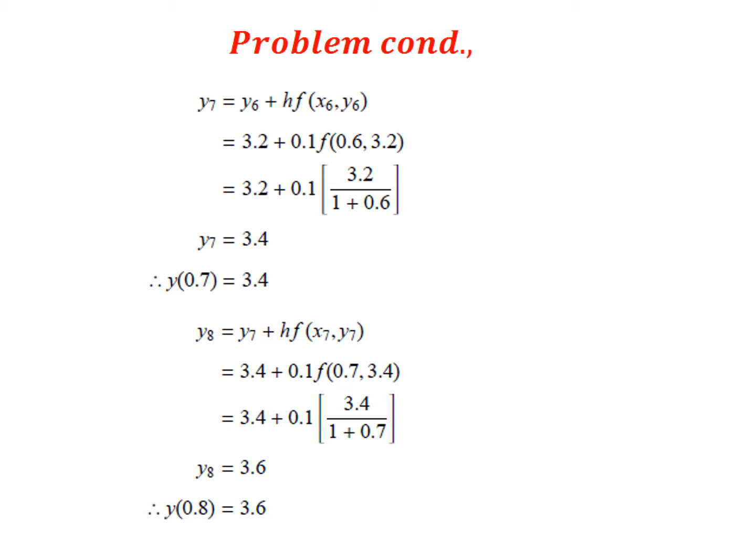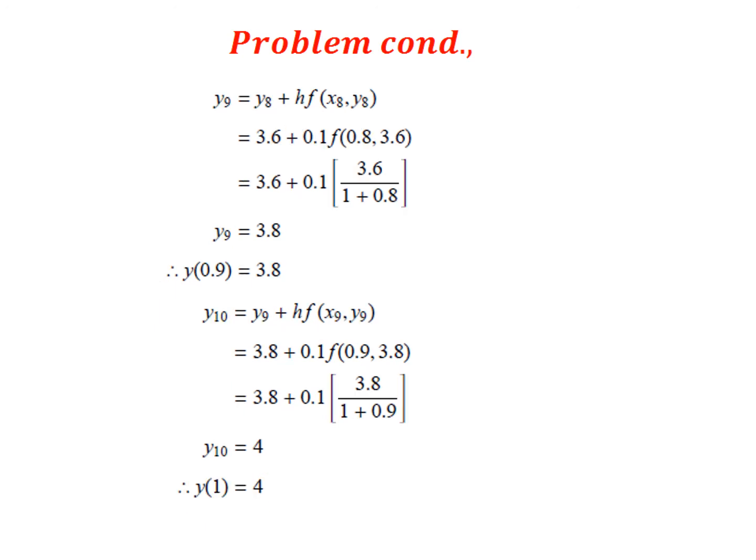Let us move on to the next one, y8. Y8 is y7 plus h into f of x7 comma y7. Here x7 is 0.7 and y7 is 3.4. From this I will get it from the given f of x comma y. Therefore finally I will get y of 0.8 value is 3.6.